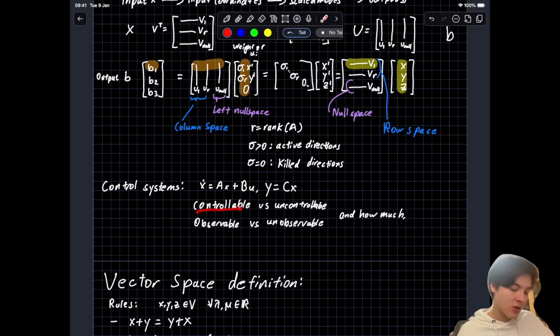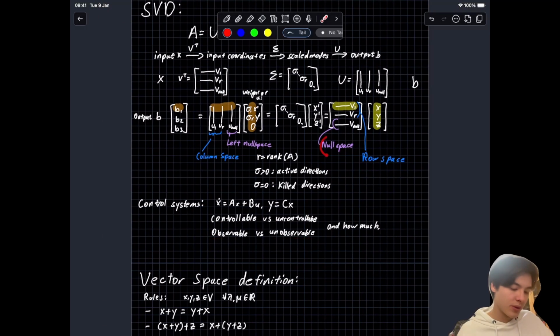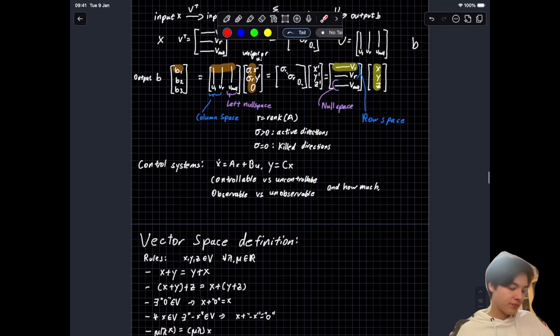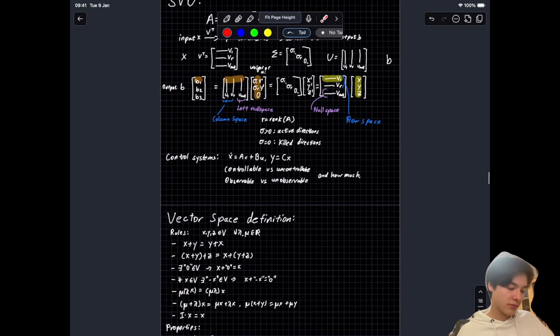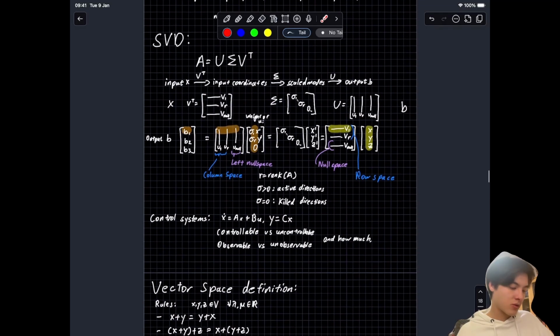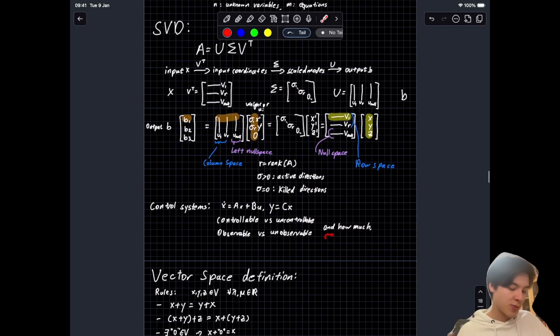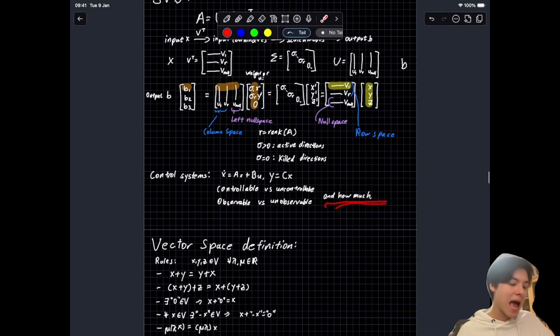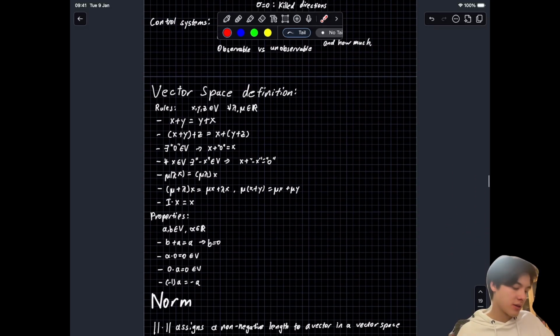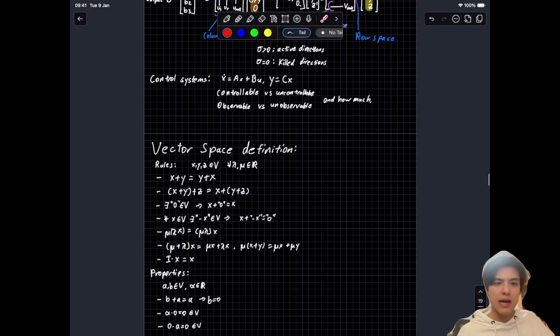It can be controllable versus uncontrollable, observable and unobservable can be the equivalent of this. Yeah, that's why we also use SVD in control systems, because then we can see how much each is controlled.